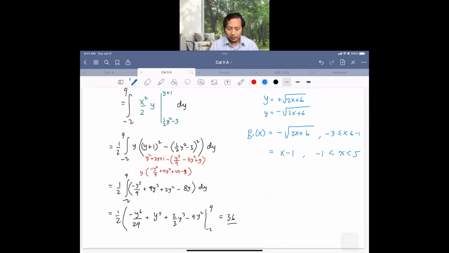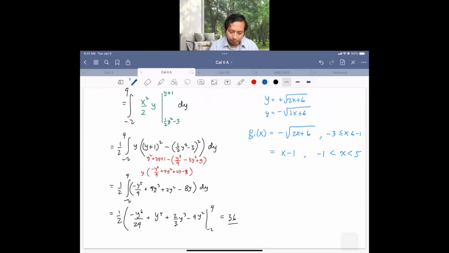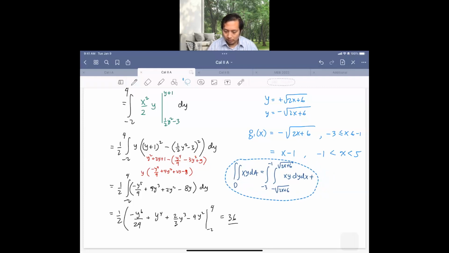It's a little bit complicated, of course. So if we would like to evaluate this xy dA, it is the integral from negative 3 to negative 1, and from negative x plus 6 to 2x plus 6, of xy dy dx, plus the double integral from negative 1 to 5, from x minus 1 to x plus 6, of xy dy dx.